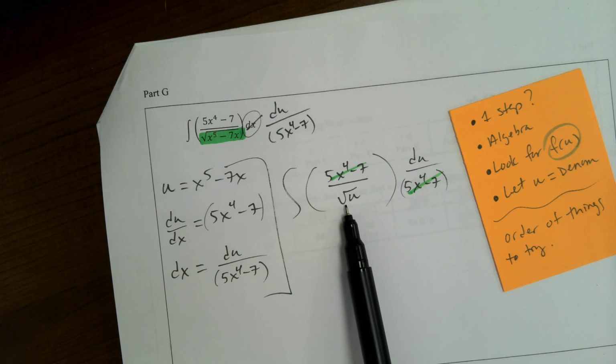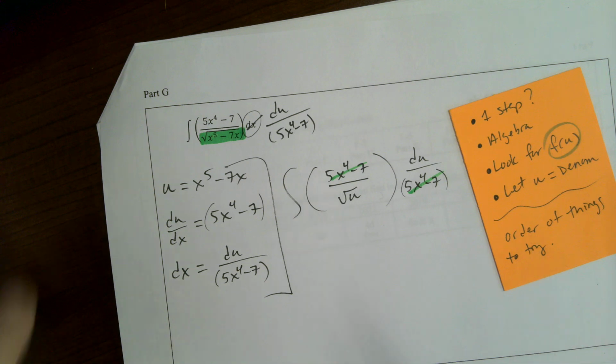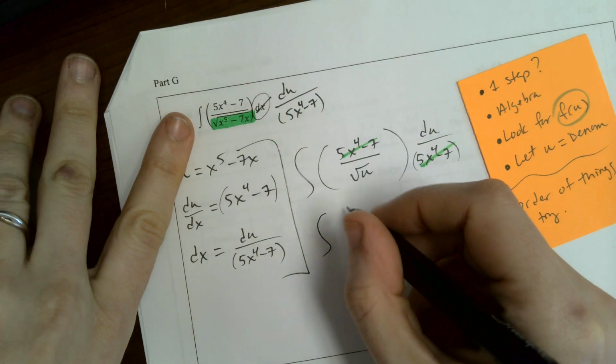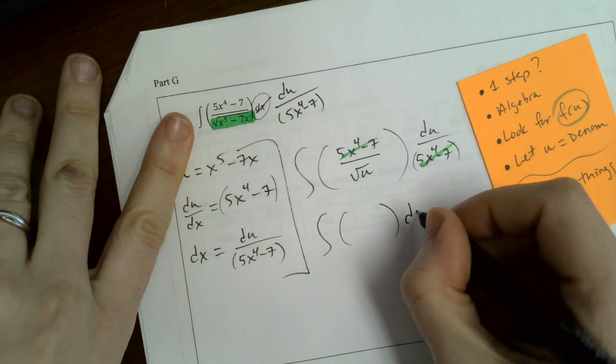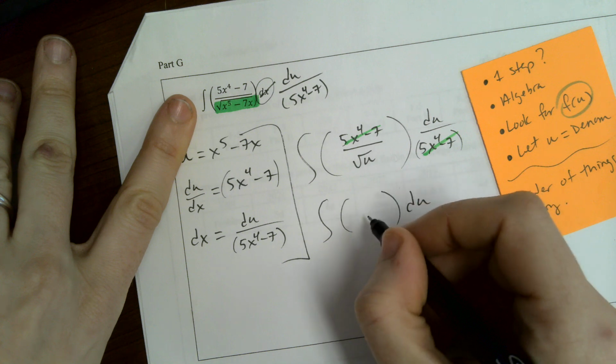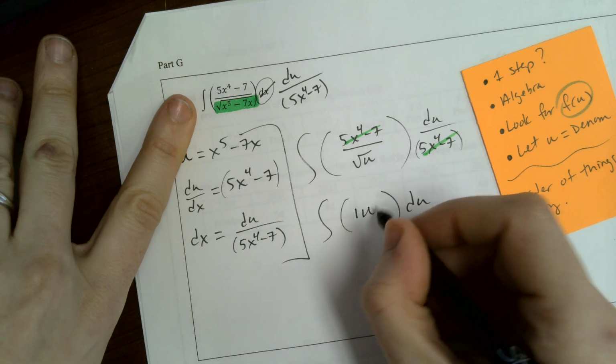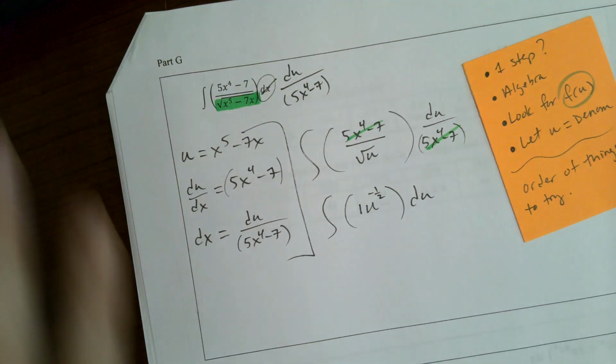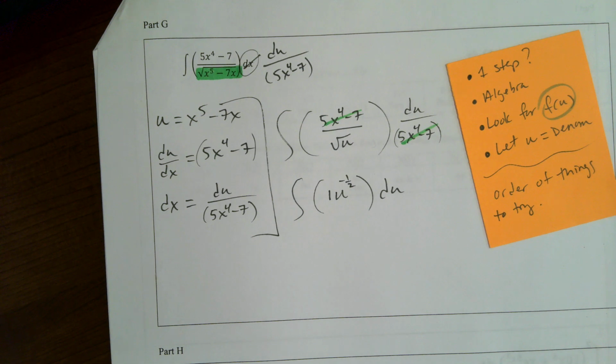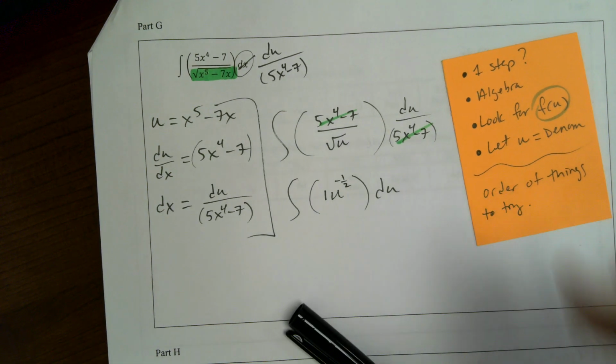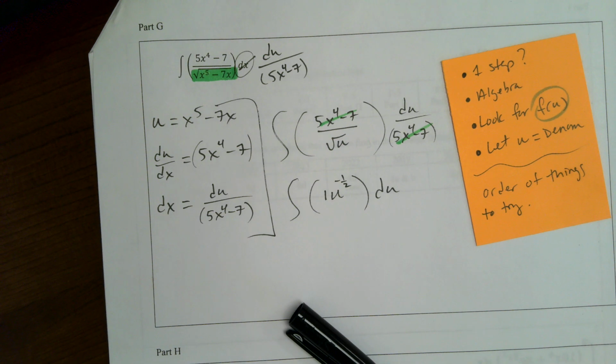So I've got square root of u on the bottom. So I could rewrite this as a u to the n. So this is 1 times u to the negative 1/2. Now, we keep going back to the beginning. Is this a one-step antiderivative?